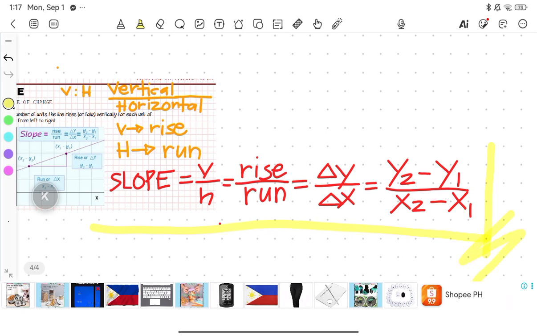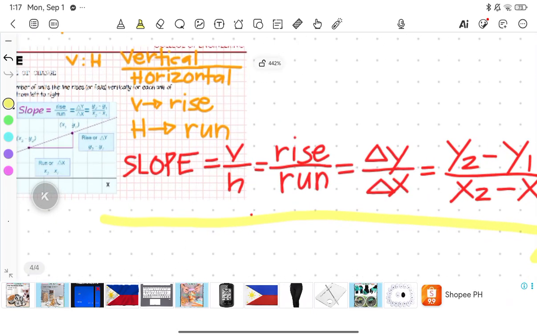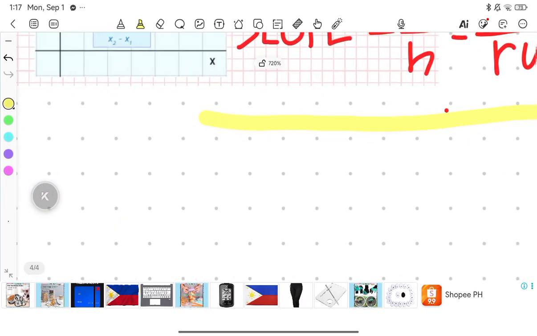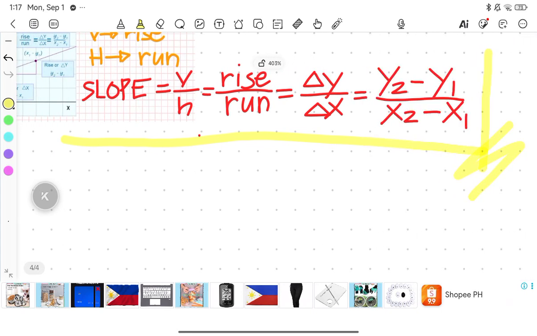Ayan na. At yan na po ang gagamitin natin from now on. Kasi si slope po ang kumbaga, ugat. Siya ang, kumbaga, dyan hinugot yung concept po ng derivative.